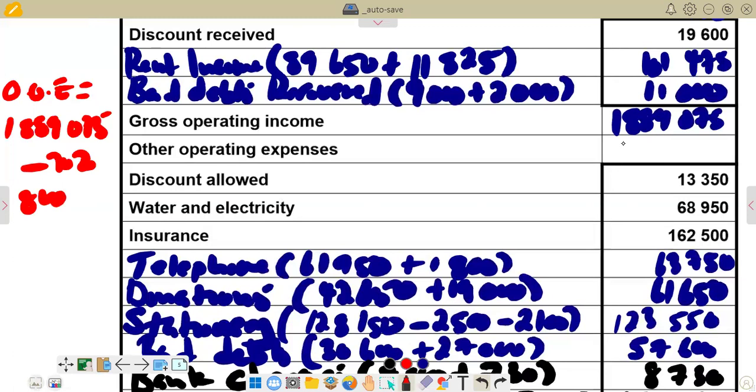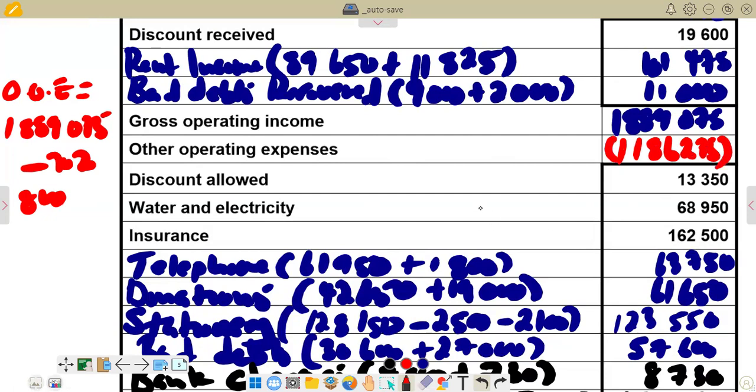The figure that you are supposed to get for other operating expense is 1,186,175. Remember, we are supposed to subtract operating expenses, so we show it in brackets.